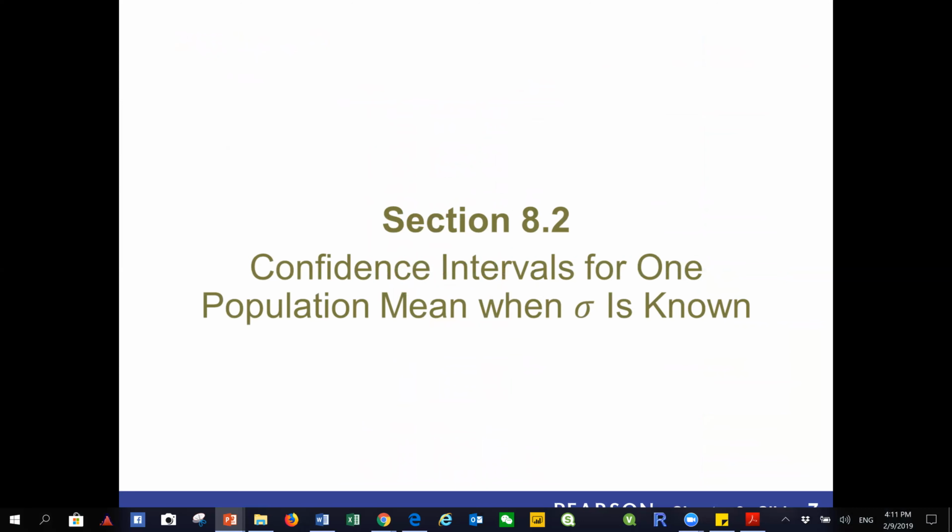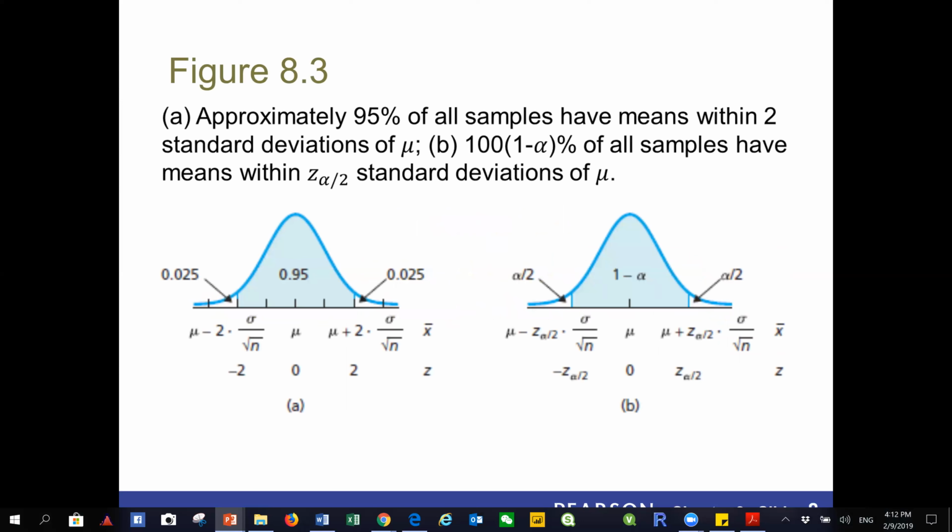Then there are two situations. When sigma is known, if you are constructing a confidence interval and you know sigma, then it will use the normal distribution. So here we can see how to use that to construct the confidence interval.